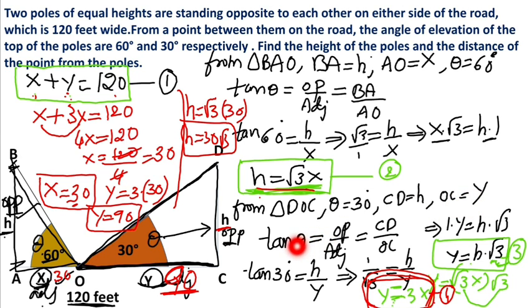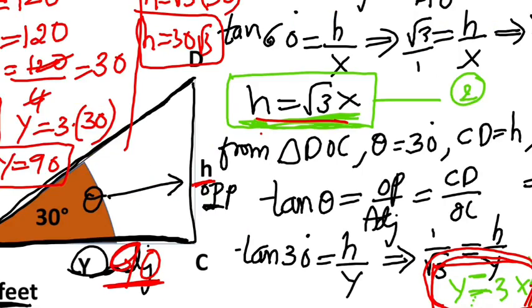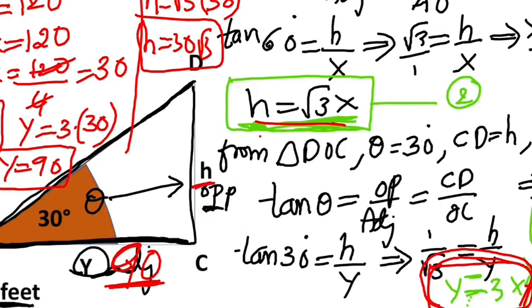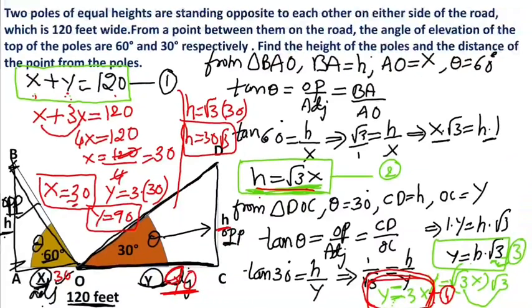Now the opposite side and adjacent related trigonometric ratio we have to choose. So we consider tan theta, which is equal to opposite CD by adjacent CO. So tan 30 degrees is equal to h by y. Tan 30 degrees is nothing but 1 by root 3. So substitute that, and doing the cross multiplication, y is equal to h into root 3.